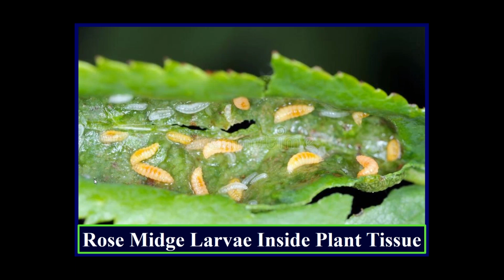If you opened up an area where they're feeding, this is the larval stage of the rose midge larva, and there's the head where they have those sickle-shaped mandibles. Now, this is an early instar larva, and this is a later instar of the rose midge inside the plant tissues. They're very hidden. They hide.